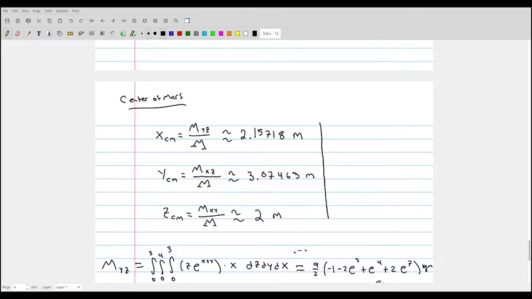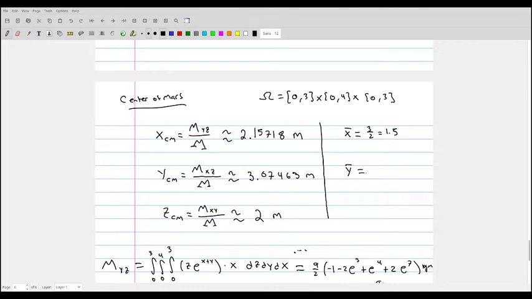So all of these are much different than that centroid that we talked about earlier. The centroid, remember the region is 0 to 3 in X, 0 to 4 in Y, and 0 to 3 in Z. So if you use those centroid formulas that we went over earlier, you'll get the centroid is exactly equal to 3 halves, or 1.5, as the x coordinate.